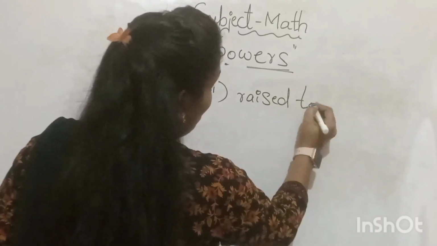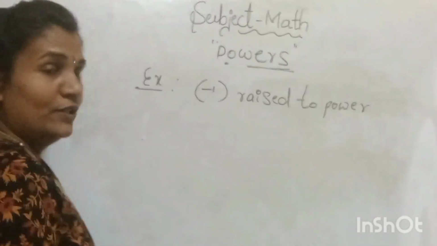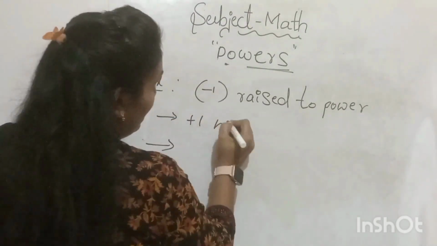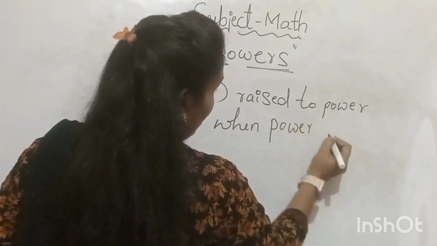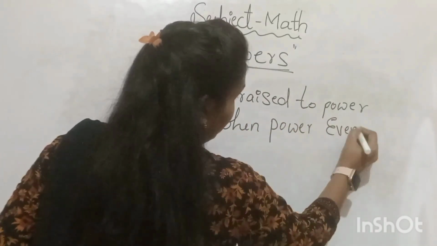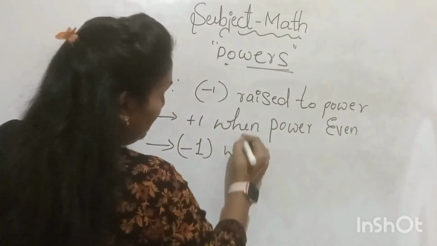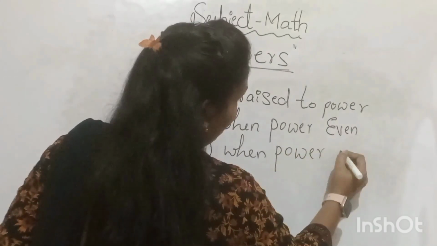Minus 1 raised to any power, what is it? Two conditions are there: plus 1 when the power is an even number, and minus 1 when the power is an odd number.